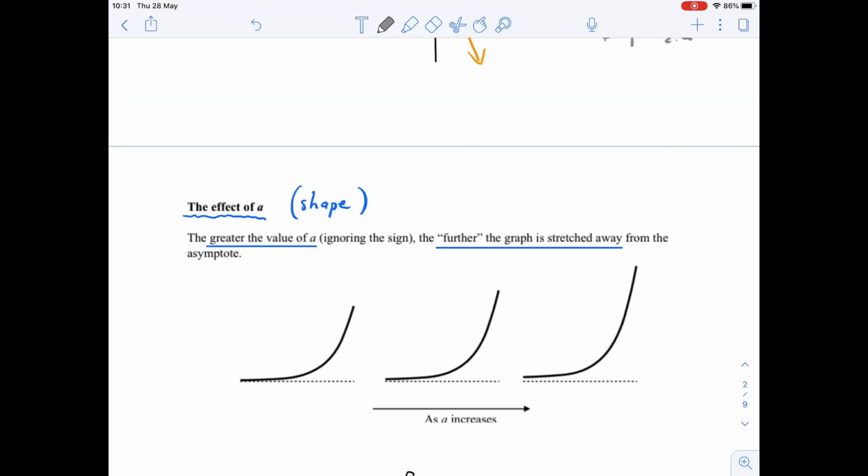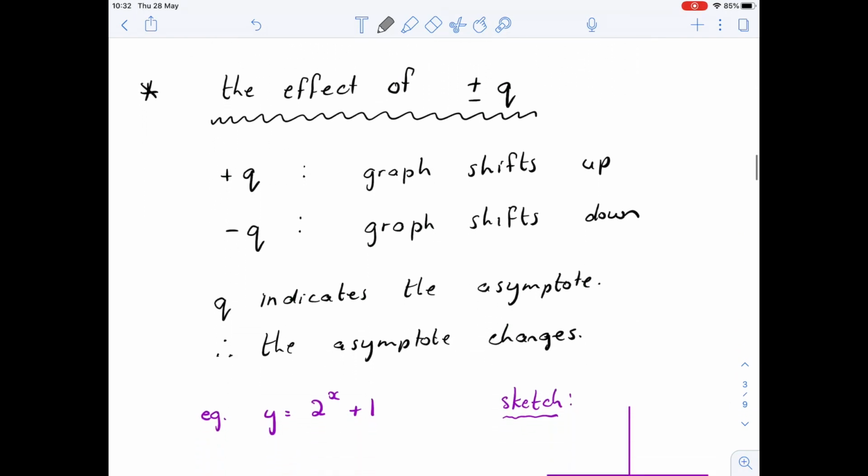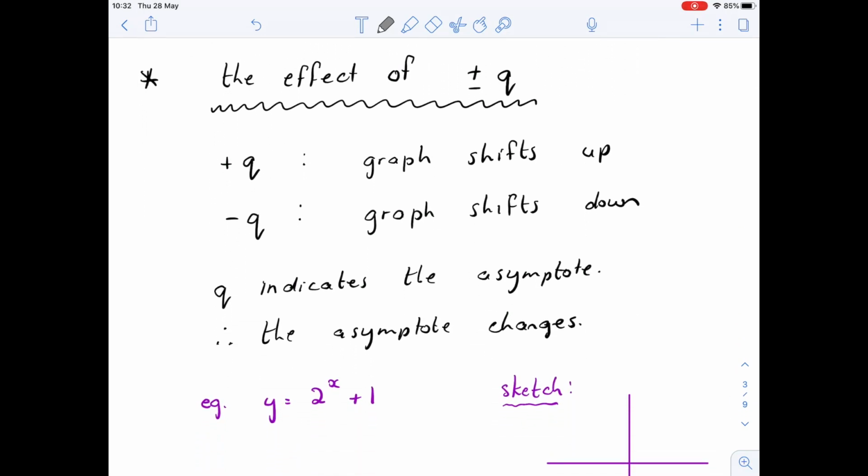So once again, the greater the value of a, the further the graph is stretched away from the asymptote, or in the example I used, the x-axis. It's kind of stretching, it's growing quicker, if I can put it that way. Okay, then we have the effect of q, which is the plus or minus q at the end.